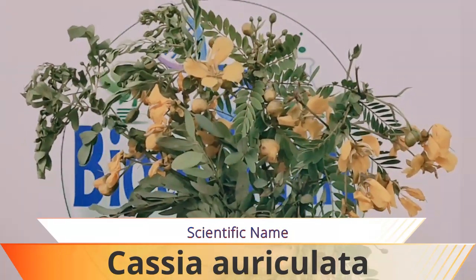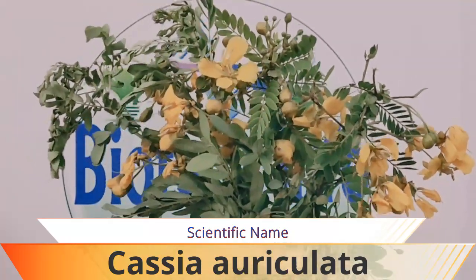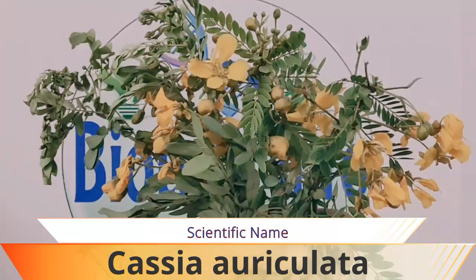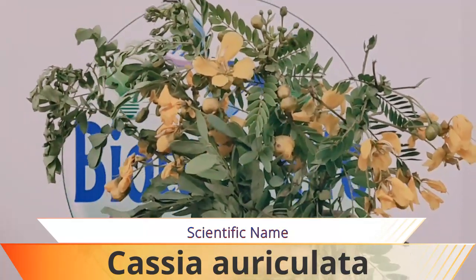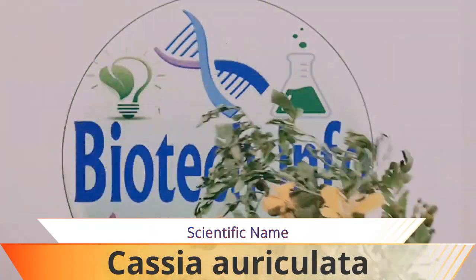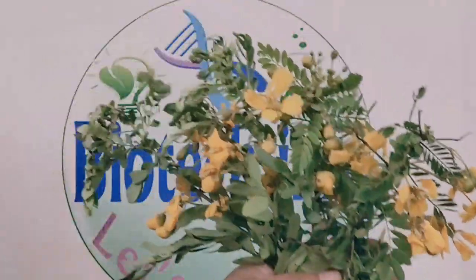Can you guess the name of this particular plant, which we call the local name or common name? Recently in Telangana, we celebrated the flower festival, and in that festival we use these flowers also. Yes, Sivendu, you are correct. This is a Tangedu plant.